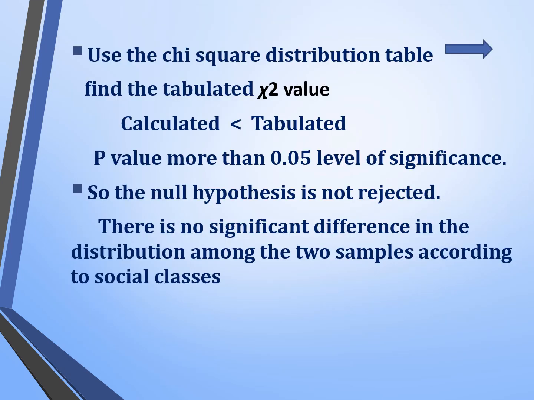So the result is that the calculated chi-square value is less than tabulated, and we find the p-value more than 0.05 level of significance. So the null hypothesis is not rejected, and our interpretation is that there is no significant difference in the distribution among the two samples according to social classes.